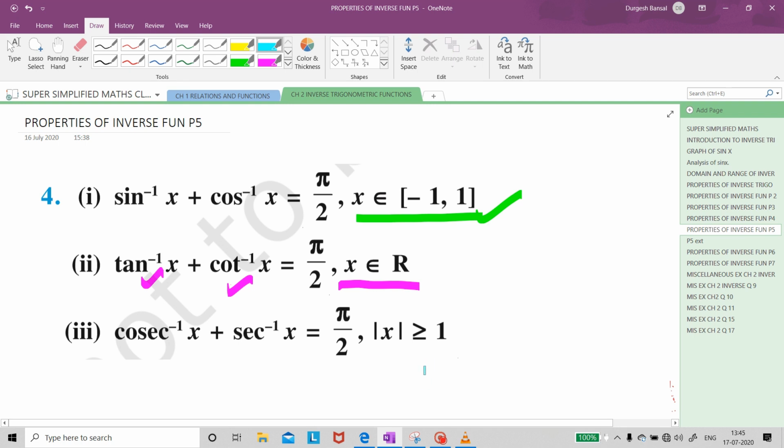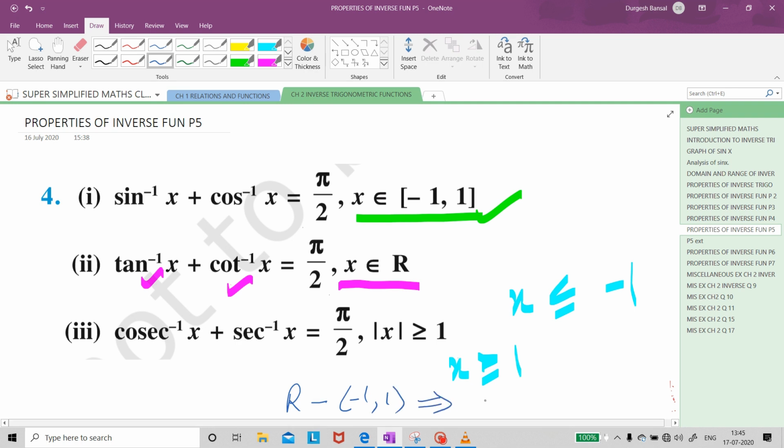And mod x greater than or equal to 1 means x is greater than or equal to plus 1 and x is less than or equal to minus 1, which is the domain of the sec inverse function and cosec inverse function. The domain of both sec inverse and cosec inverse is the real line minus the open interval minus 1 to 1, which is the same as x greater than or equal to 1 and x less than or equal to minus 1.